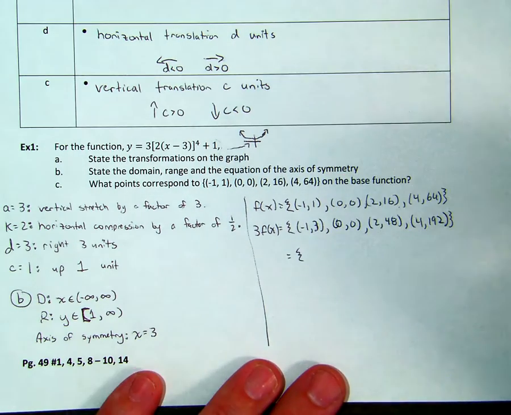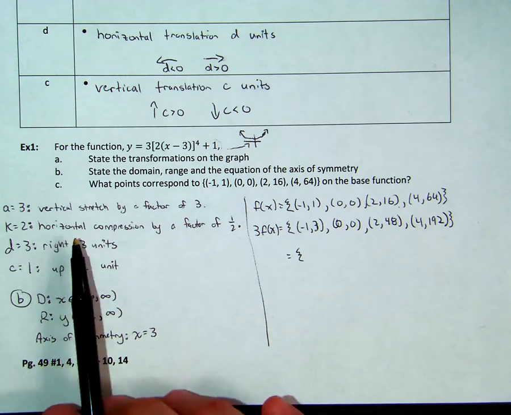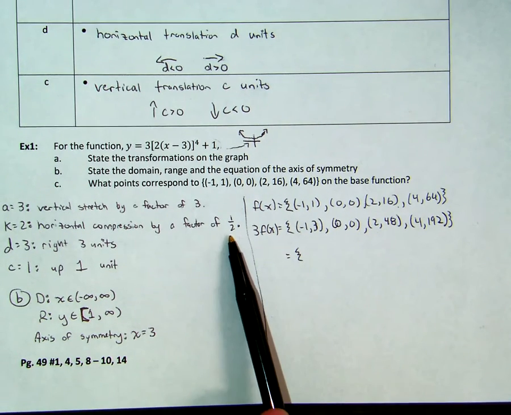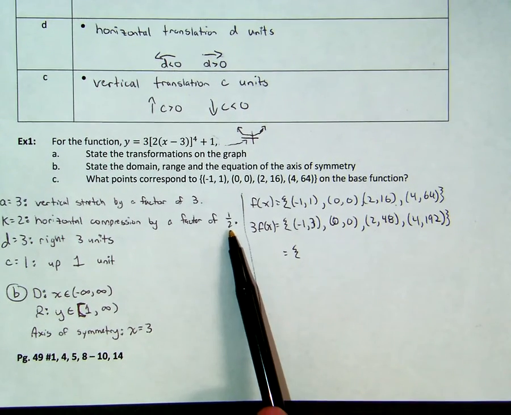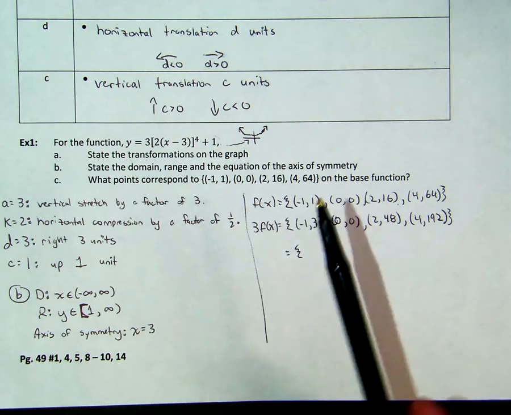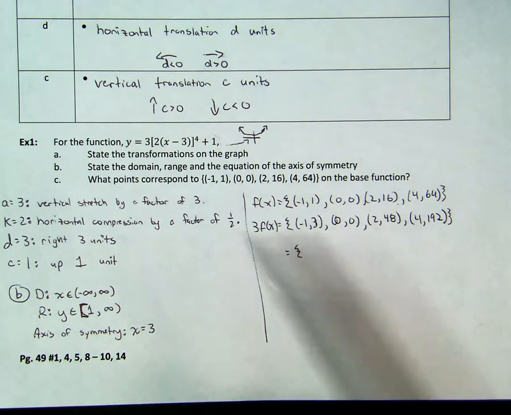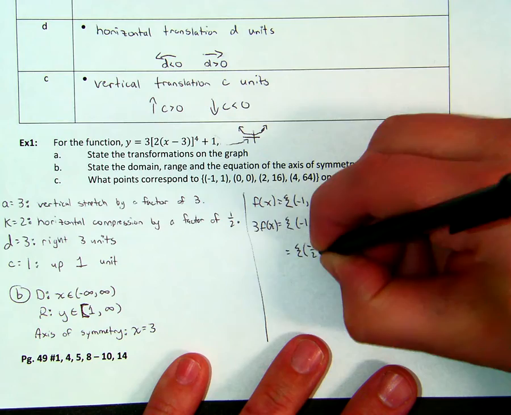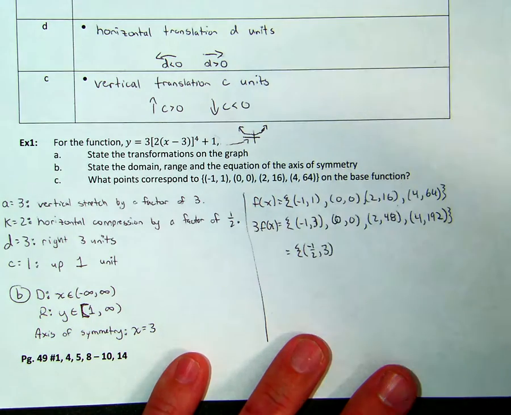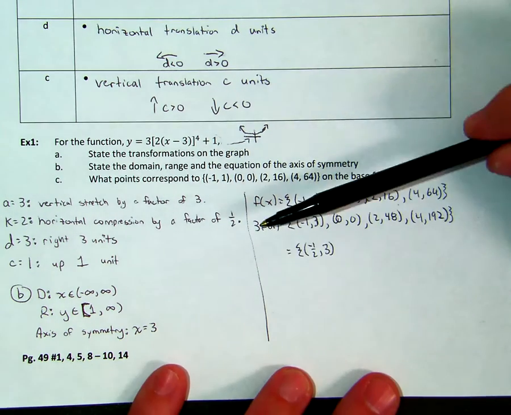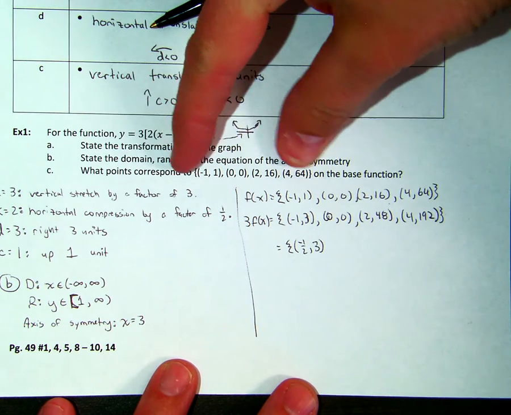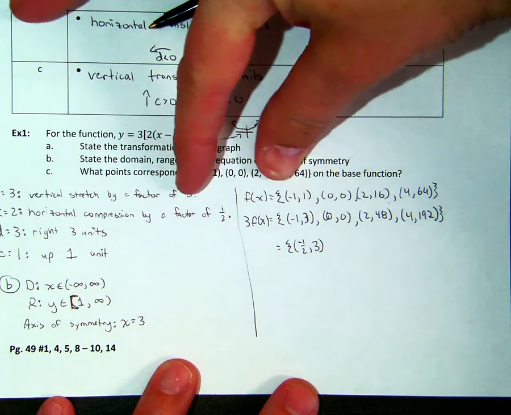So set bracket. This is a horizontal compression by a factor of a half. What that means is I'm going to multiply all the x coordinates by a half. If you were doing it by a factor of 2, you'd have to divide. That's 1 over k. So 1/2 times -1 is -1/2. Horizontal compression goes this way, horizontally, so that's going to affect x coordinates.